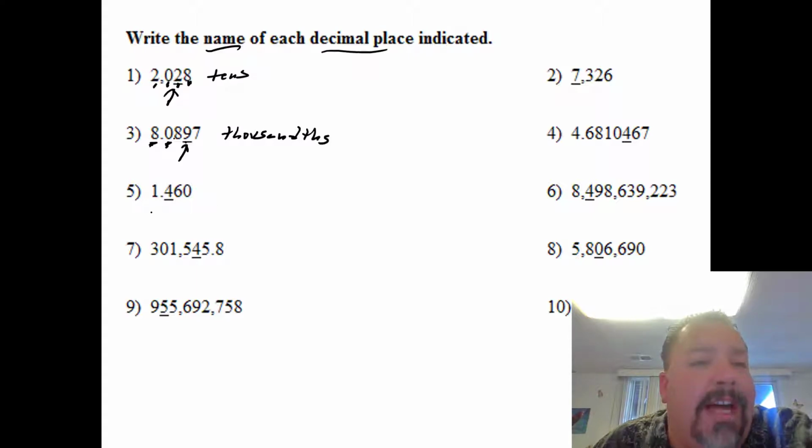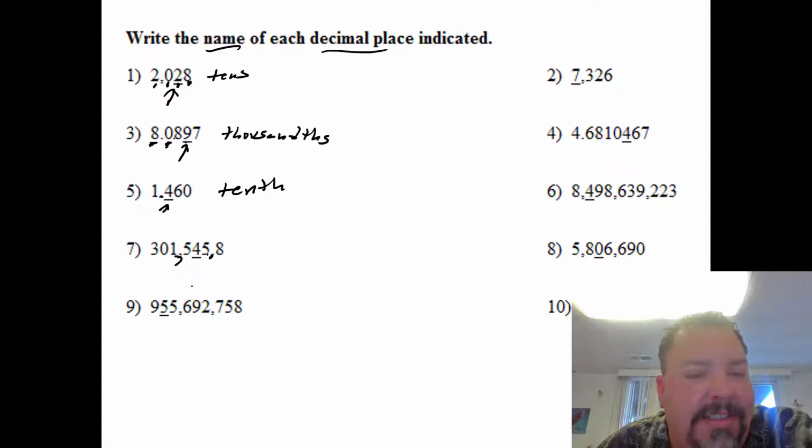And for number 5, we got a 1, and then this is a decimal. You got to be careful with the decimals and the commas. So when we go to the right, this first decimal place is going to be the tenths spot. And for number 7, we have a comma here. And here is our decimal place.